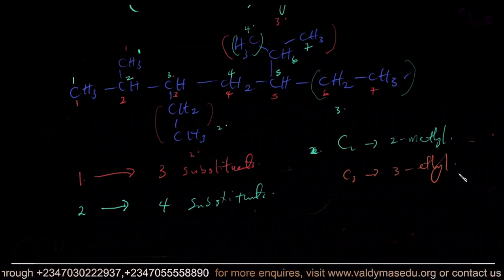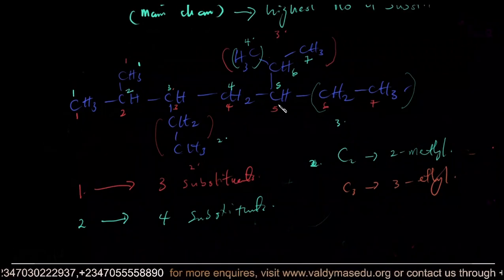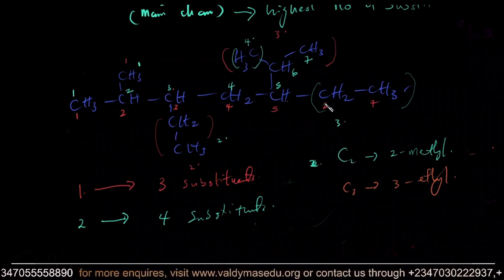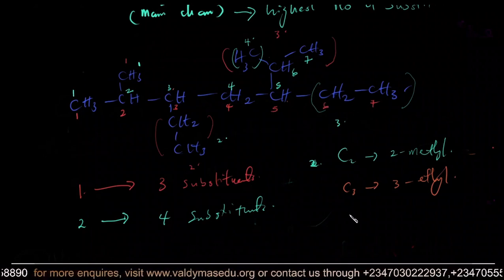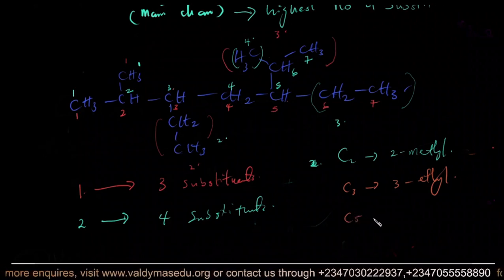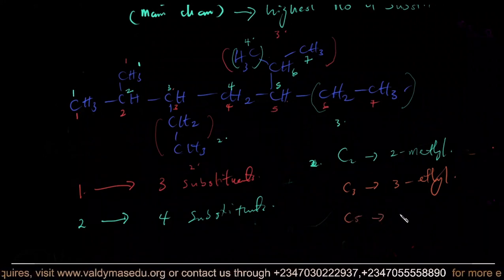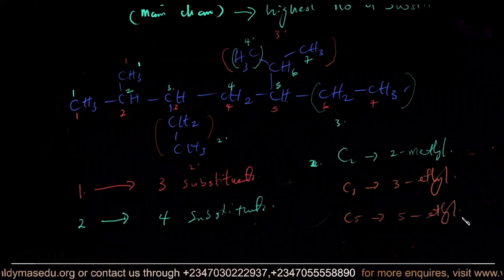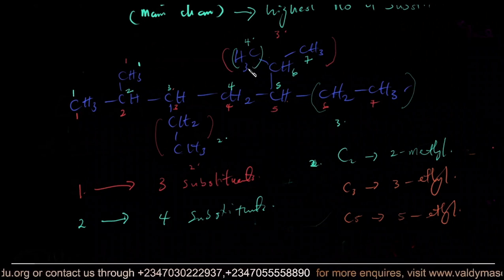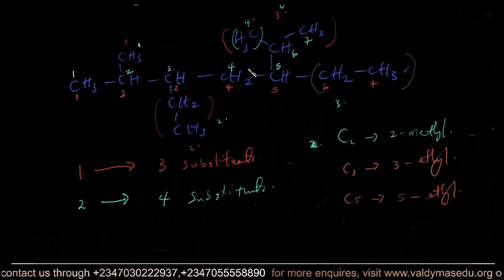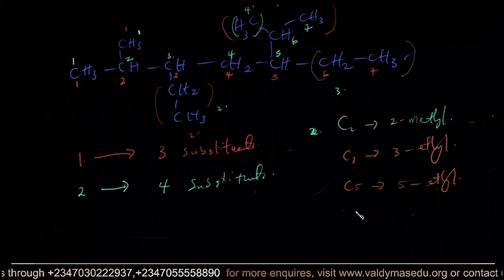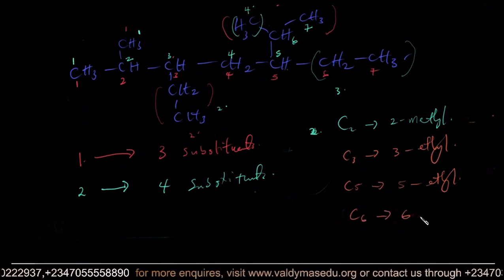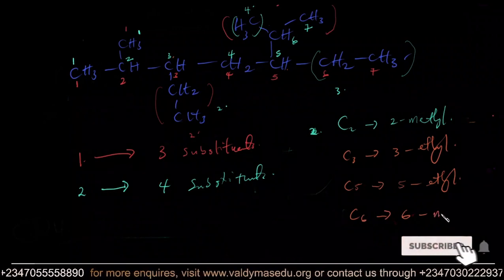Then on carbon number 5, we have another ethyl here, so 5-ethyl. Then on carbon number 6, we have 6-methyl.